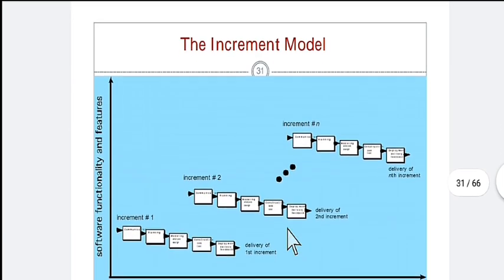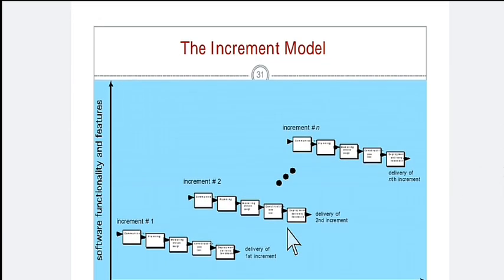Here you will see the diagram for the incremental model. Suppose the whole software is divided into n modules. Here a module is referred to as an increment. As you can see from the diagram, here you can see increment 1, increment 2, up to increment n.